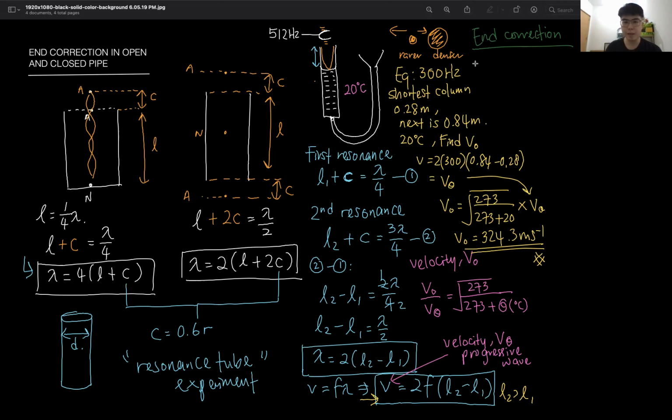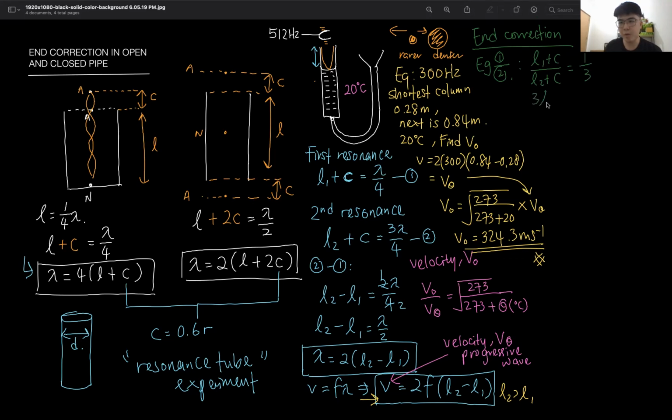We will take equation 1, divide it by equation 2, and we get L1 plus C over L2 plus C. If you divide this, the 4 cross out, the lambda cross out, you get 1 over 3.